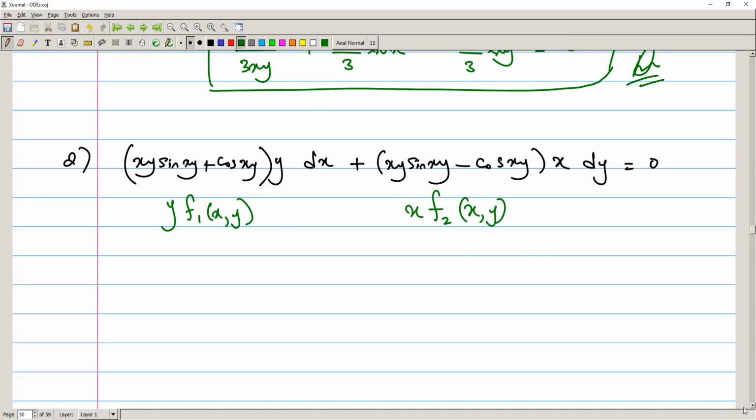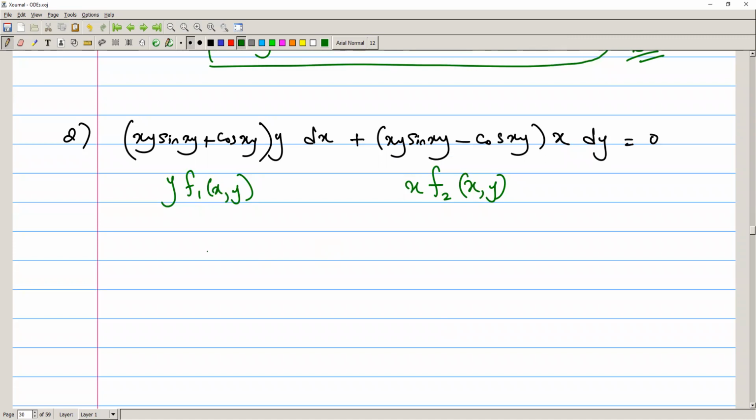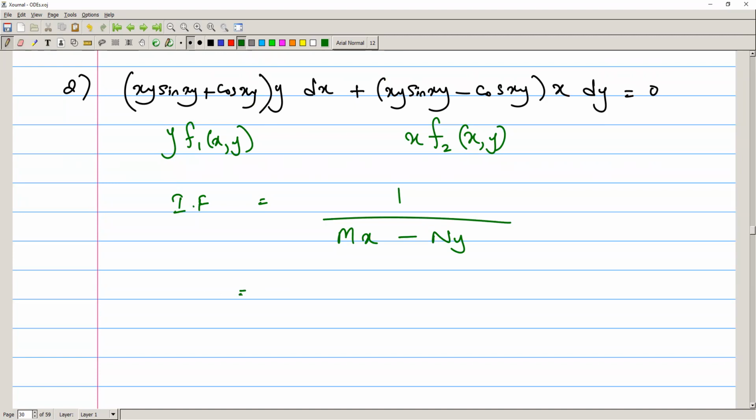Therefore, we can use the technique that the integrating factor is equal to 1 over Mx minus Ny. So let's do that.